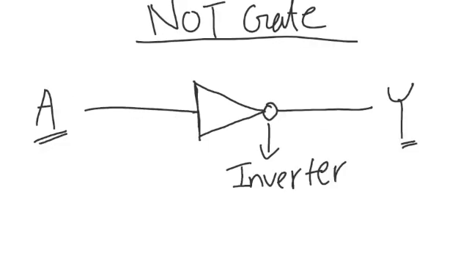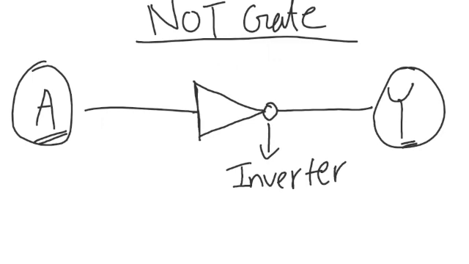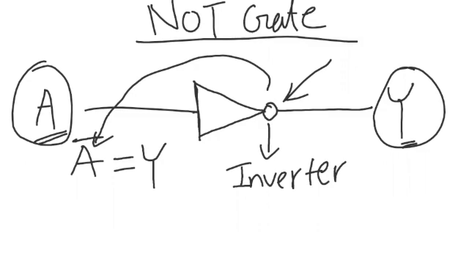For the NOT gate, as I said, there's only one input and one output, so it's gonna be A equals Y. There's an inverter on the NOT gate. What you have to do is put a bar over A in the equation, because whenever there's an inverter, which is a bubble, you have to make sure there's a bar over it.